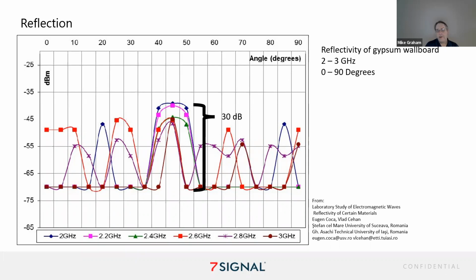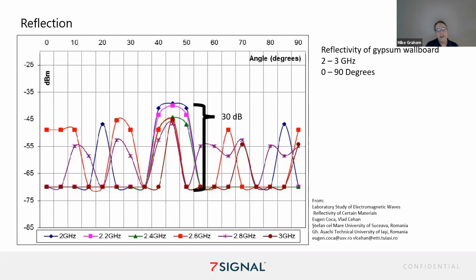I had always known from doing site surveys that getting through walls at about 45 degrees was really tough, and I had always thought that it was some sort of absorption issue. And then I saw this, and this graph was kind of a revelation to me.